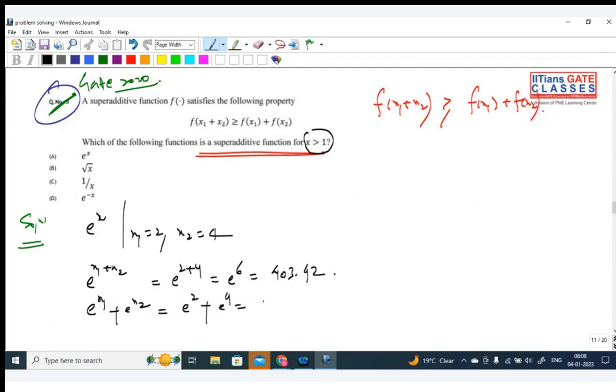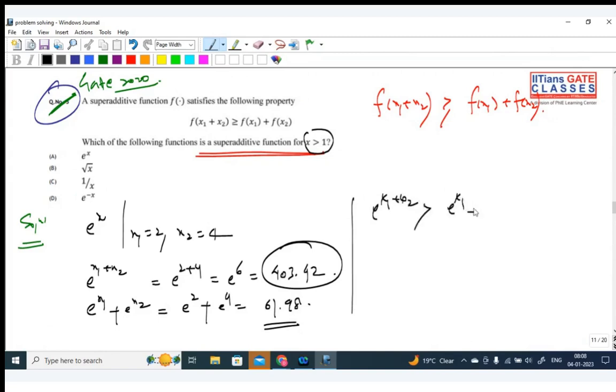So you will get what? 61.98, right? And this is greater than this, okay? So this is following the property, you can say f(x1 plus x2) is greater than e^x1 plus e^x2, right?